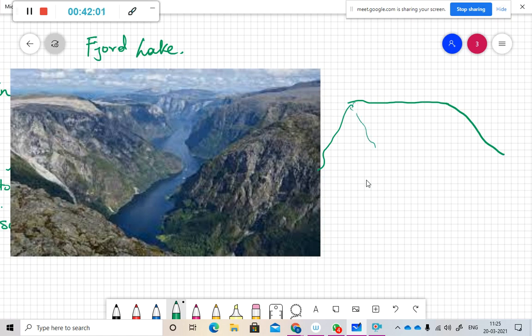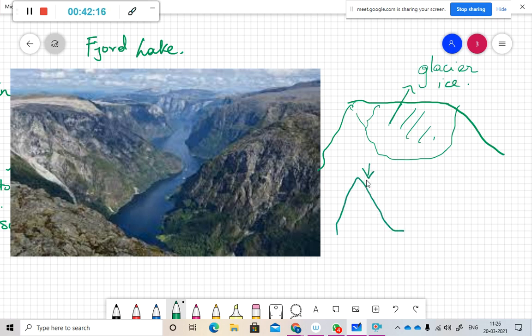There was a glacier over here. Glacier ice. This glacier ice melts. And a lake is formed. And say if this is the sea level, this is even below the sea level. This lake which is formed here is below sea level, and these are two mountain ranges on the side. This is a fjord lake.